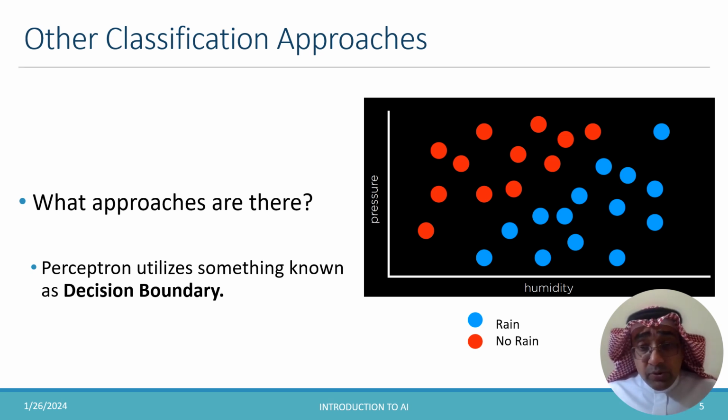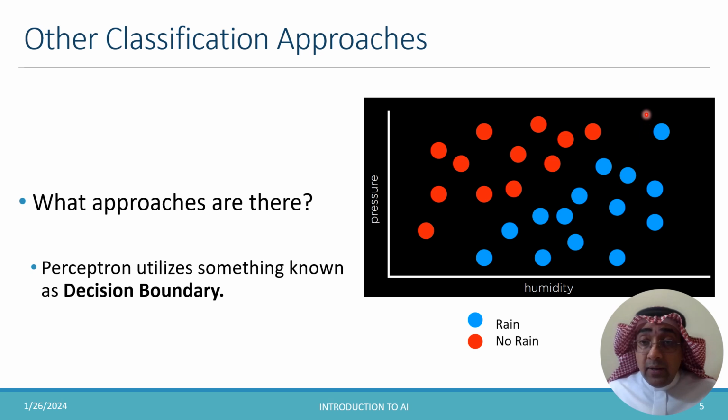There are multiple approaches, and the Perceptron algorithm uses something called the decision boundary. It basically makes a boundary in the data, and if a point is above that boundary, it's one class, and if it's below that boundary, it's another class. This data, which we have cleaned, is what we call linearly separable data, because there is no overlap, so it is very easy to come up with a boundary that will predict whether it's raining or not.